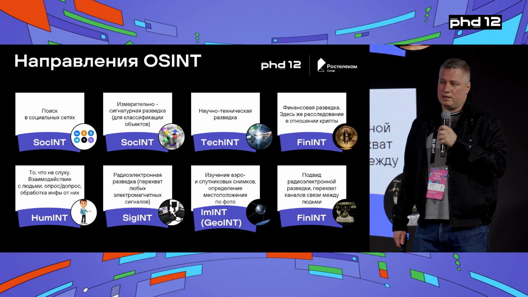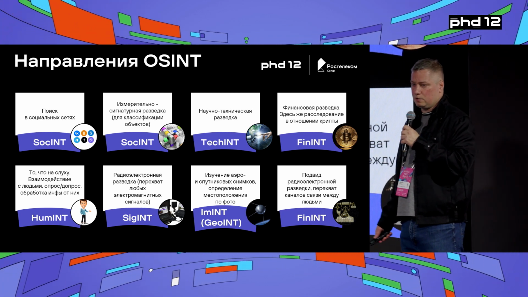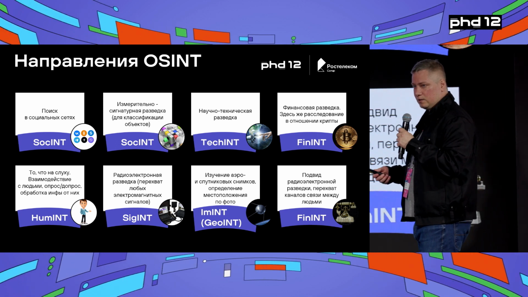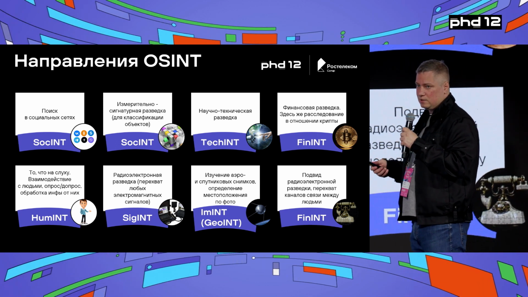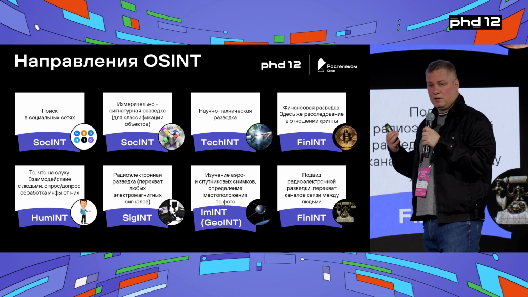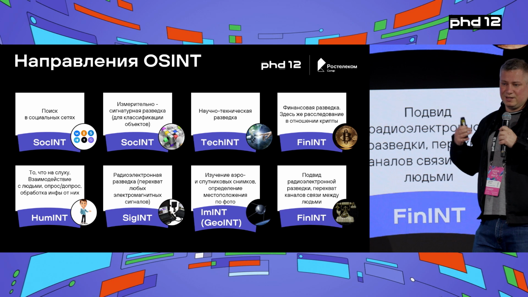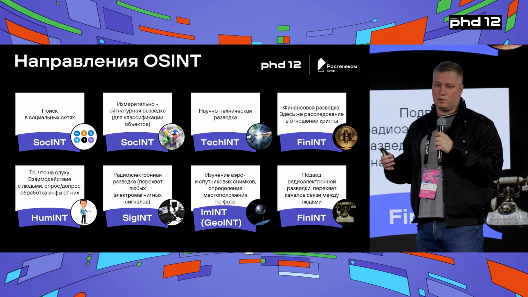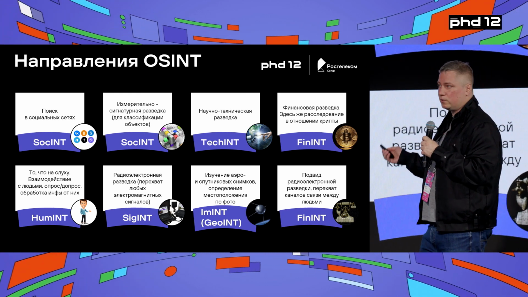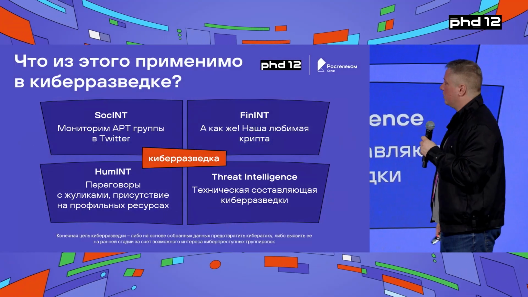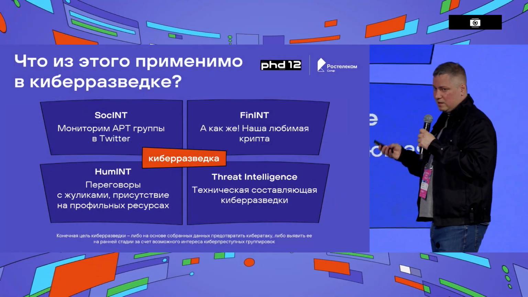But if you go into detail, you can find this to be a very interesting tool to investigate some ransomware-related attacks or other attacks where they are trying to get some money from you. So if we know the crypto wallet, we can try to find the perpetrator if we don't have any other ways to do it. Okay.